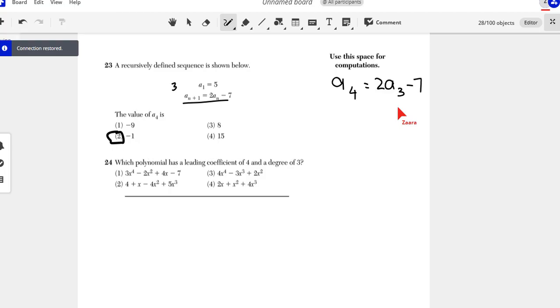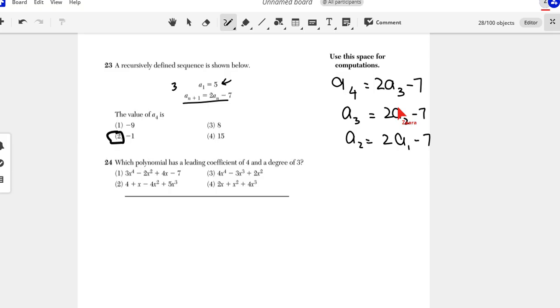Now we are still looking for a3. We are given the value of a1, not a2, so I will reduce it to a3. That would be 2a2 minus 7. Then we still need a2, which would be 2a1 minus 7.